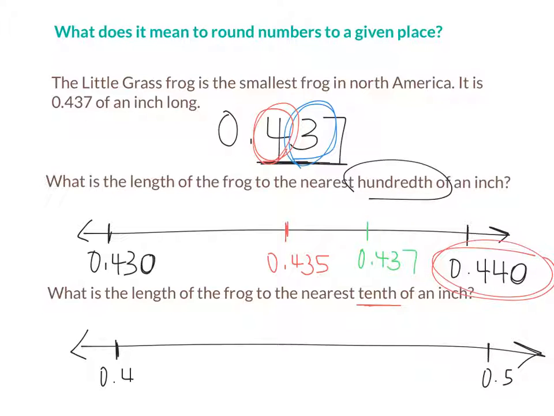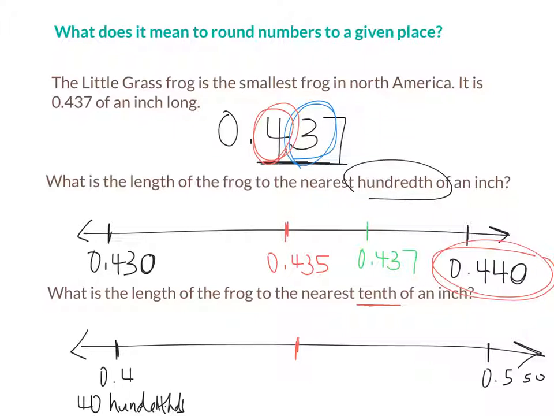Now, it's hard for me to find the midpoint between 4 and 5, so I always like to rename it. 4/10 is the same as 40 what? Hundredths. Okay, 5/10 is the same as what? 50 hundredths, right?